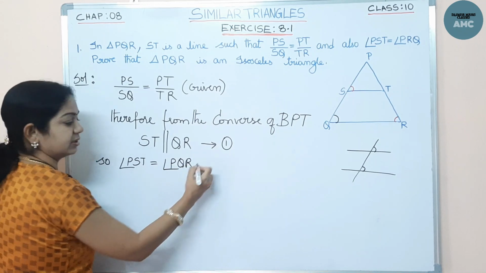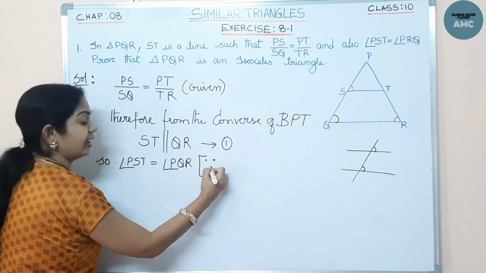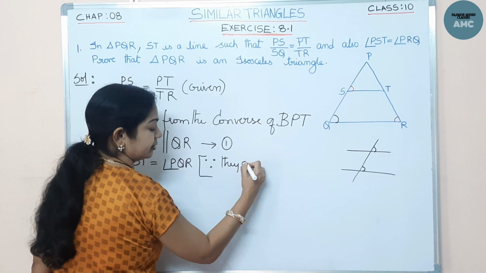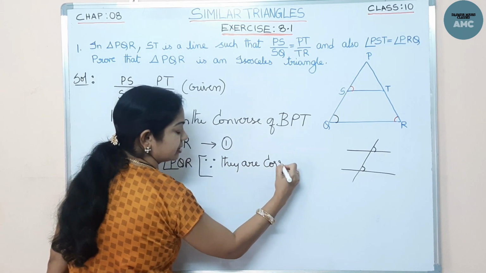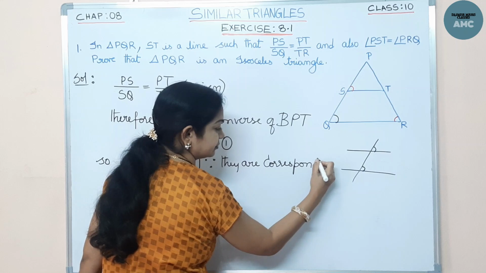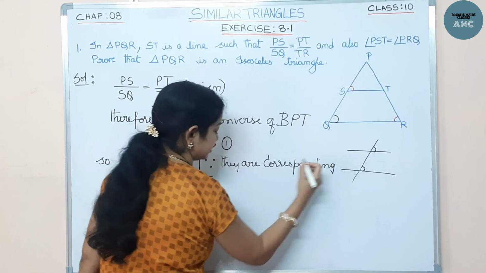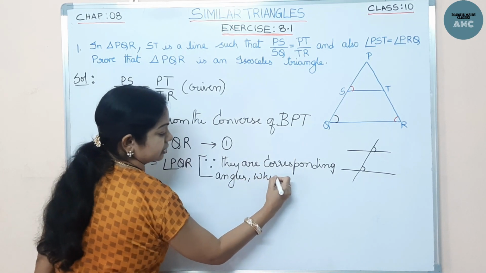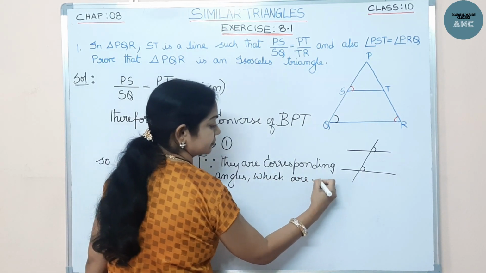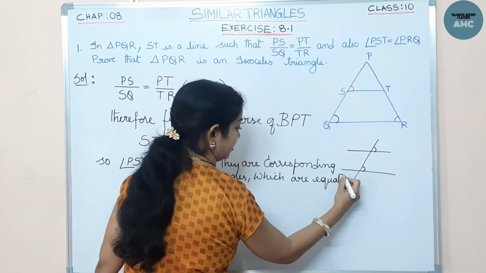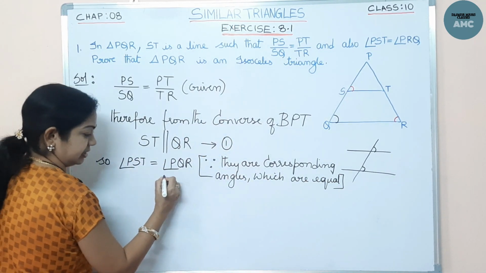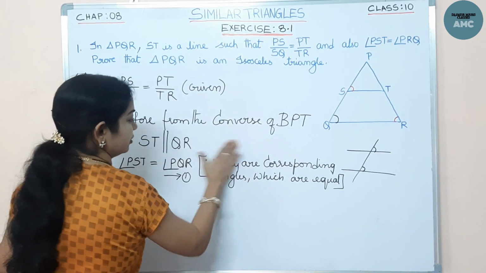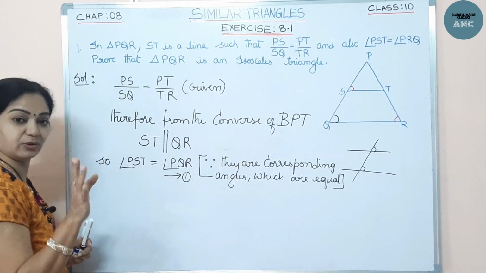We have to give the reason why they are equal: since corresponding angles are equal. Right, we got this. So let's take this as 1. Let us take these two as equation 1.